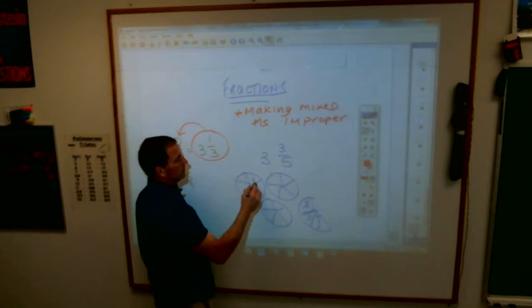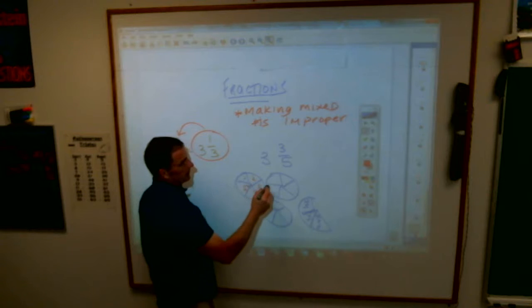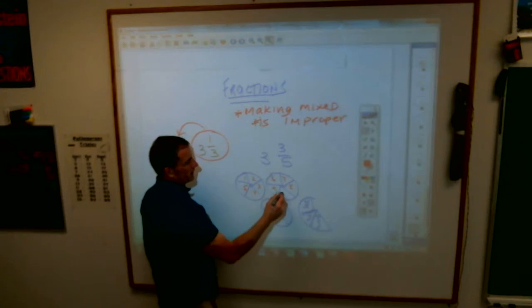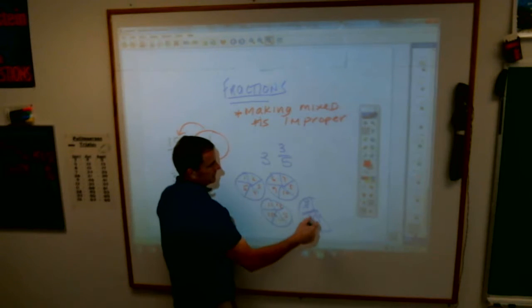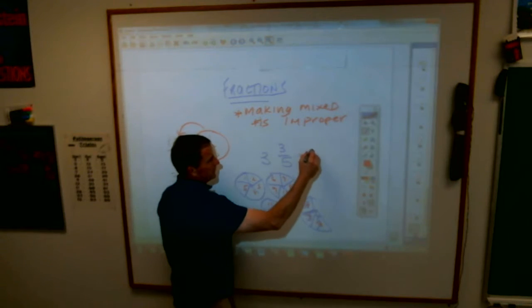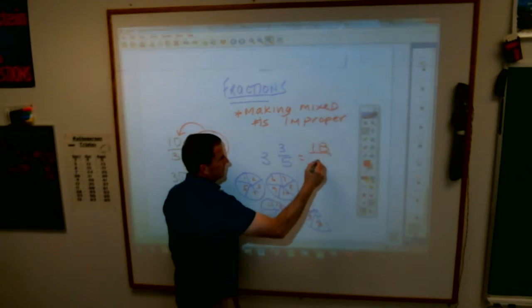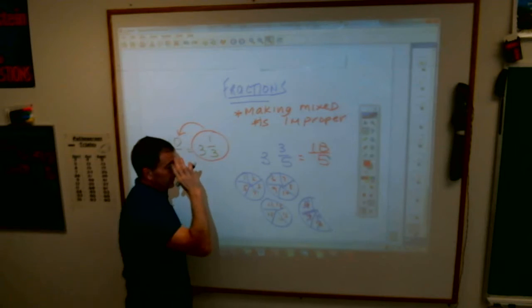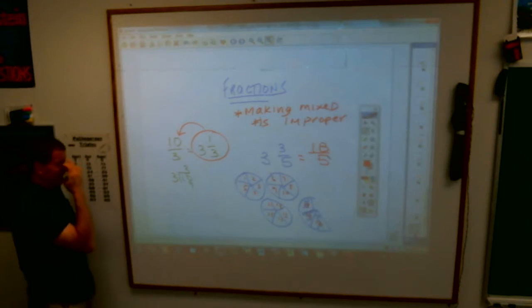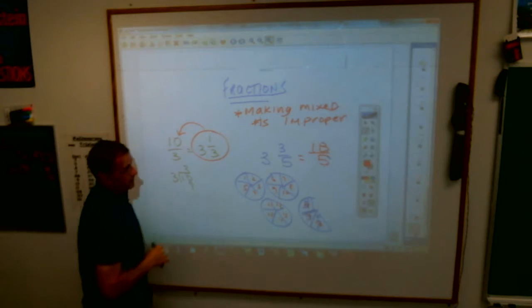Well, I have 1, 2, 3, 4, 5 there, 6, 7, 8, 9, 10 5ths there, 11, 12, 13, 14, 15 5ths there, 16, 17, 18. This equals 18 5ths as an improper fraction. Isn't that amazing? You can astound your friends by doing this all day long.